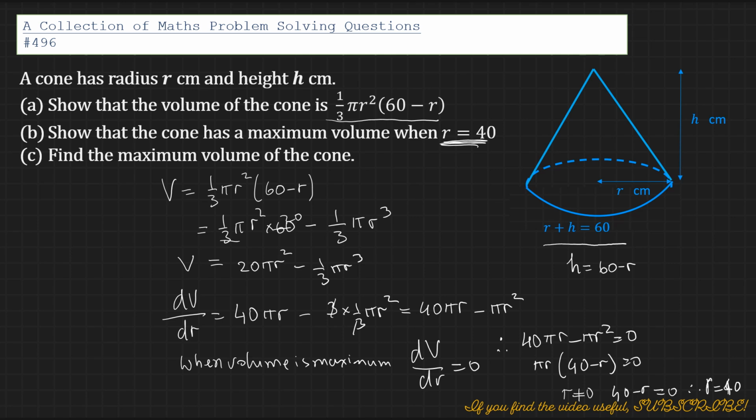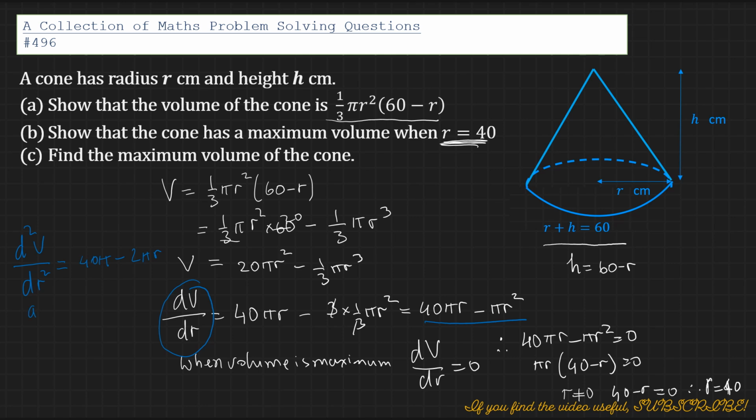We need to differentiate again and find the second derivative. dV/dr is 40 pi r minus pi r squared, so the second derivative d2V/dr squared is 40 pi minus 2 pi r.